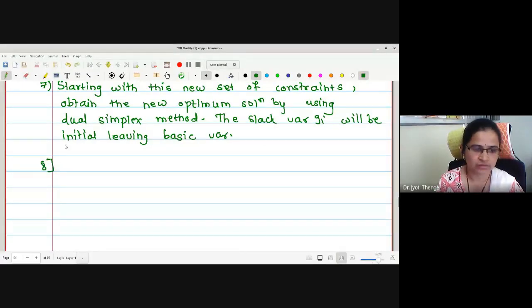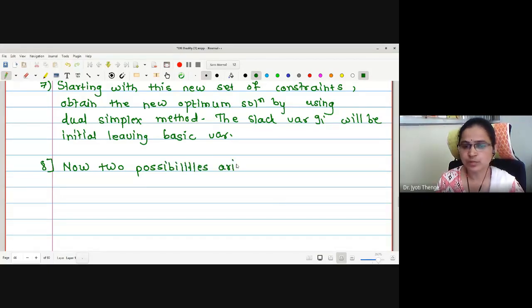What we have written here, gi will be the initial leaving basic variable. Step number 8. Now two possibilities arise. What are the two possibilities? By converting this, suppose we have obtained an all integer valued solution, then we have to stop the process. If not, you have to repeat this again.